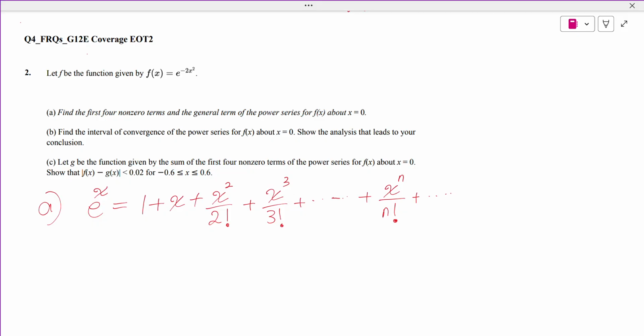But we don't have e to the power of x. We have e to the power of minus 2x squared. The exponent is different. So what do we do?